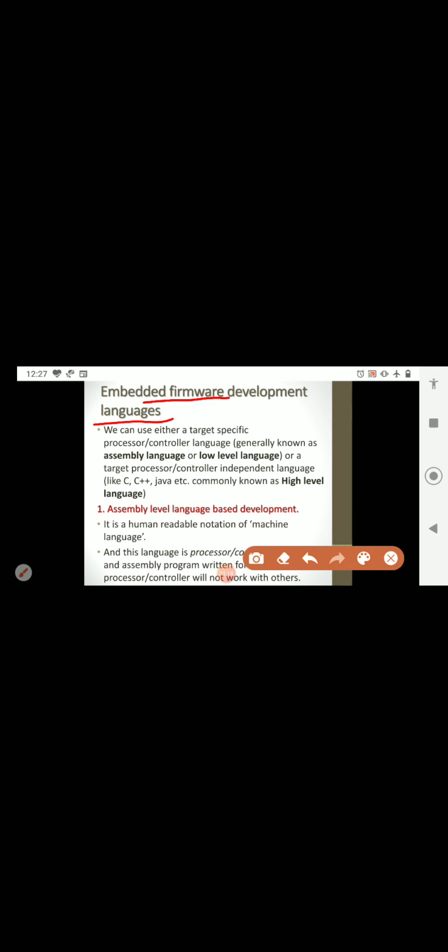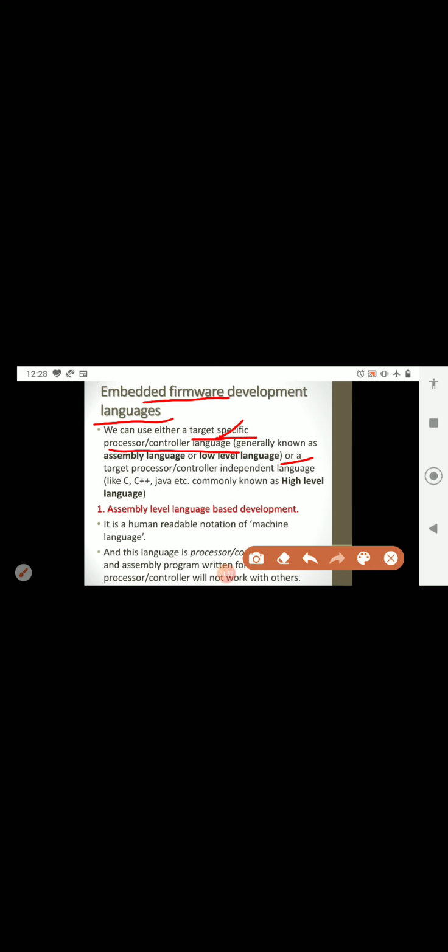So you can see that we can use either a target specific processor or controller language, or a target processor or controller independent language. The target specific processor or controller dependent language is generally known as assembly level language or low level language.